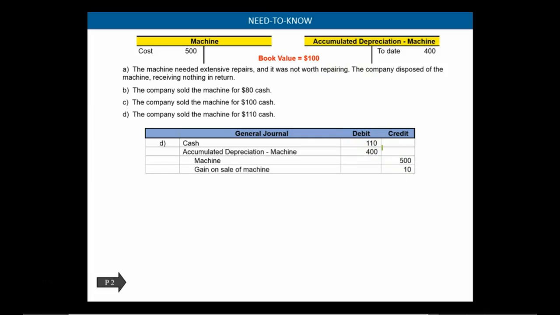And so we're going to call that the gain. A gain is a credit because on the income statement, it's kind of like income, meaning credits increase net income, debits generally decrease net income. Sales and revenue and income are credit balances and gains, and expenses and losses are debit balances. Income increases net income, and the expenses obviously decrease net income.